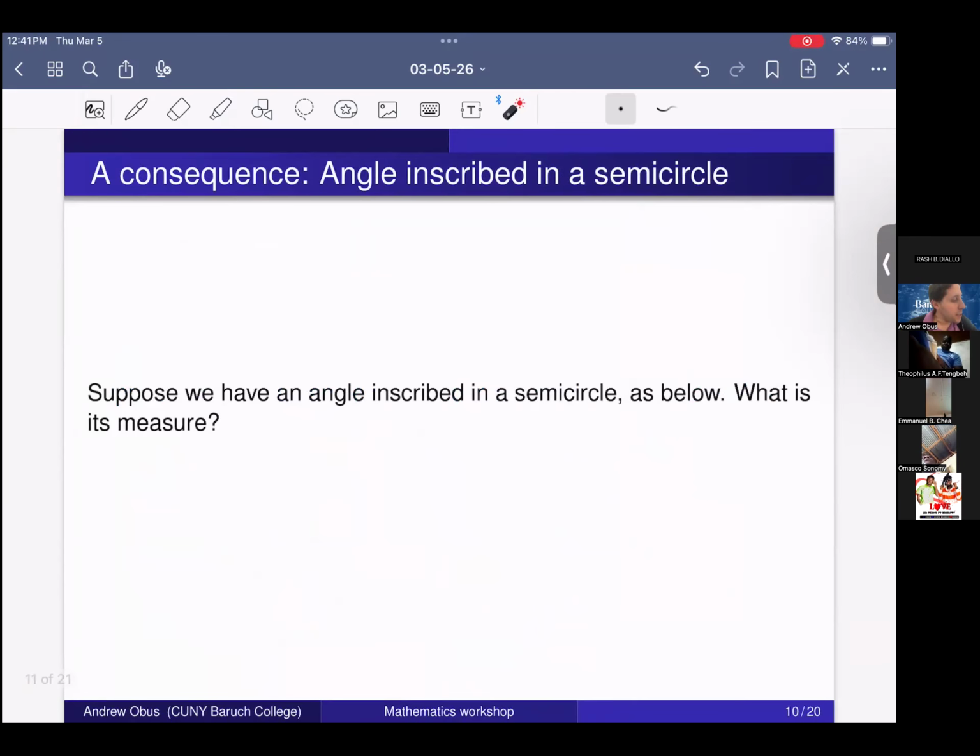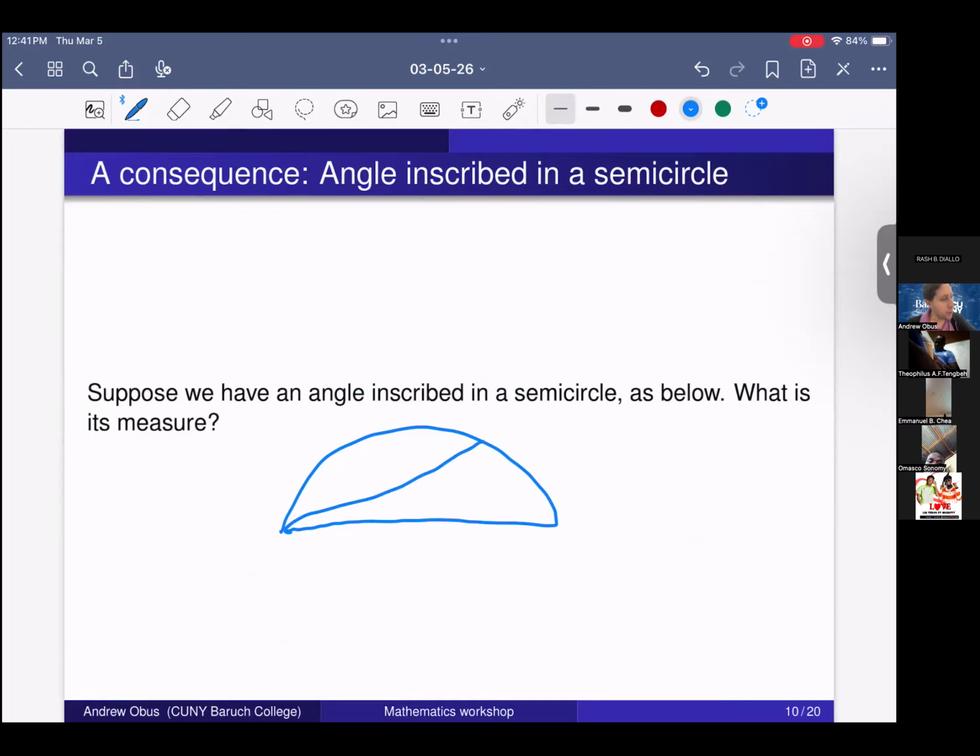So what's a consequence? What happens when we have an angle inscribed in a semicircle? So I'm going to draw a semicircle here, and let's say I take an angle inscribed in a semicircle. Let me draw that a little better.